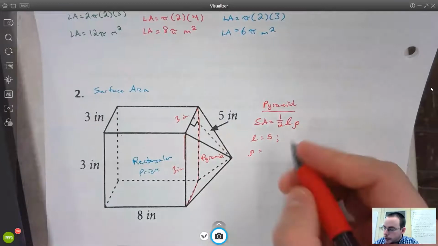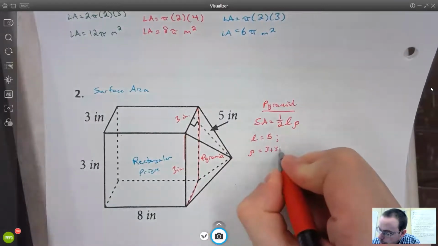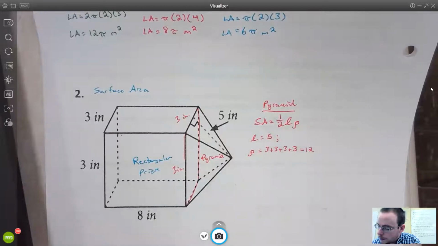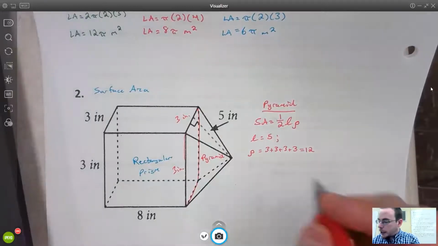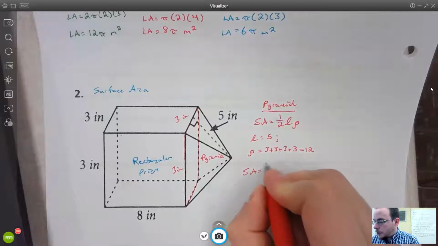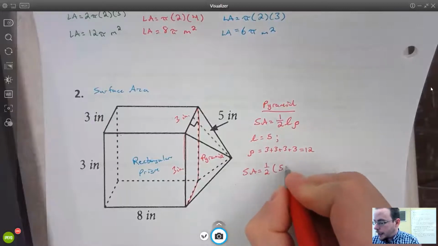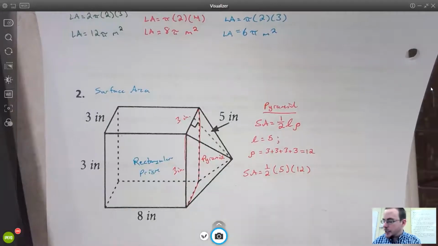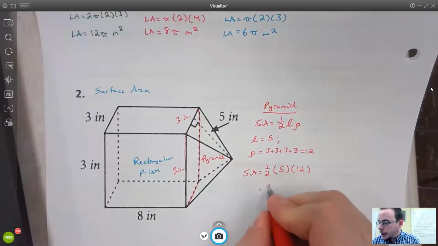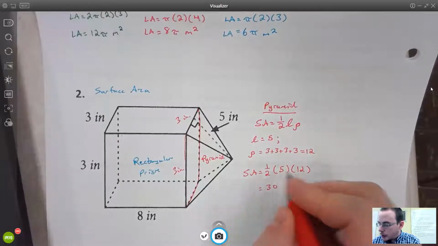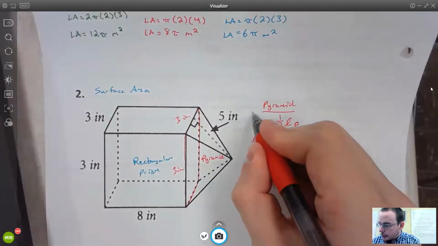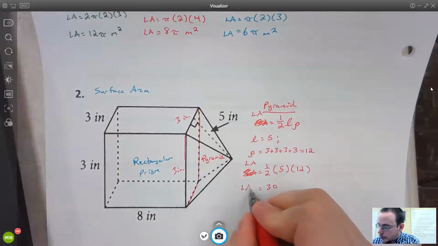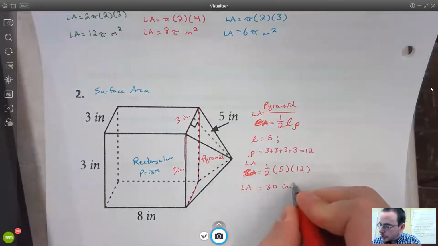So your perimeter is going to be 3 plus 3 plus 3 plus 3, which is 12. Now you just plug those in. Surface area is 1/2 times 5 times 12. 5 times 12 is 60. Half of 60 is 30. Oh, that should be lateral area. I apologize. So your lateral area would be 30 inches squared.